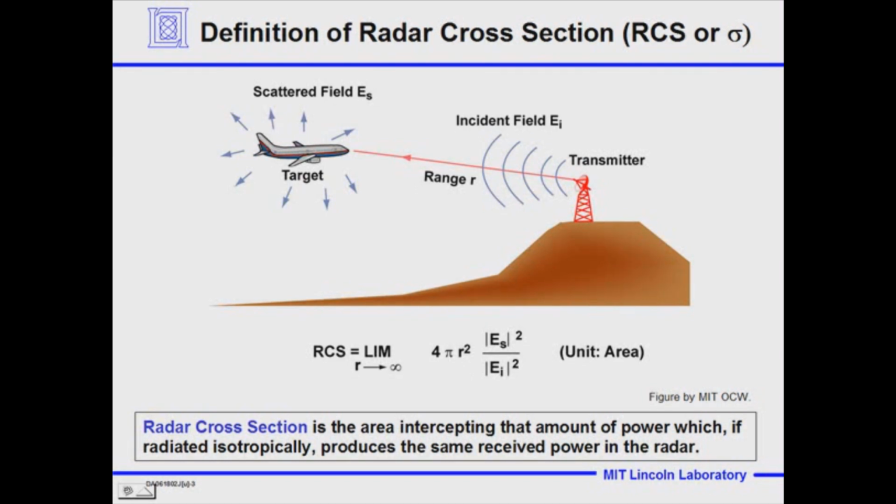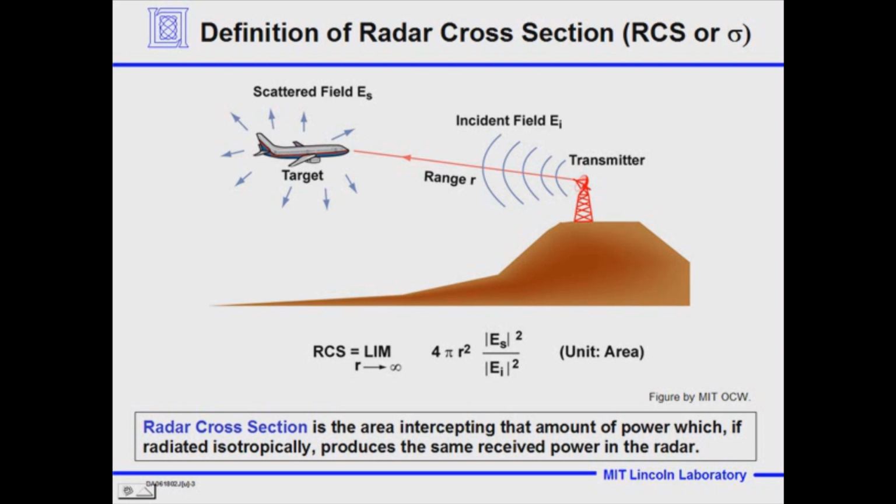What happens is the power spreads out in a sphere, and it's going to intercept a smaller area. We want to have the cross section independent of the range, and this definition of a scattering cross section, as we call it, a scattering area, is independent of range because it's basically defined in terms of a power density.